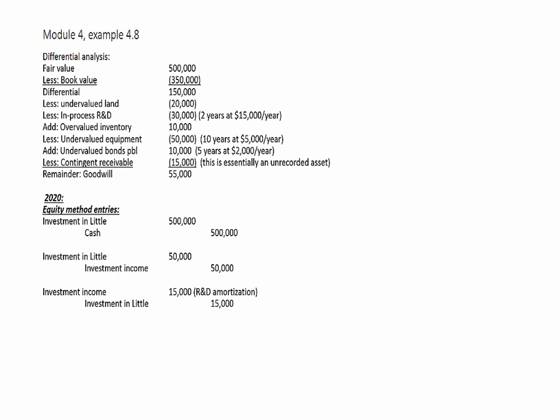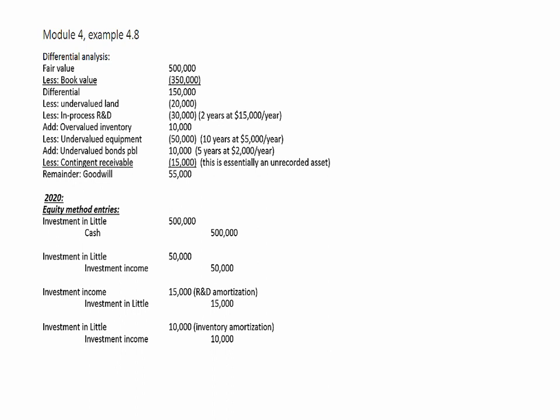Do I debit or do I credit investment income? If you look up at that differential analysis, we see that in-process R&D was subtracted $30,000. So when that gets amortized, an easy way to remember this is that it's going to be subtracted from investment income. So we're going to go ahead and debit investment income for $15,000 and credit the investment in Little.